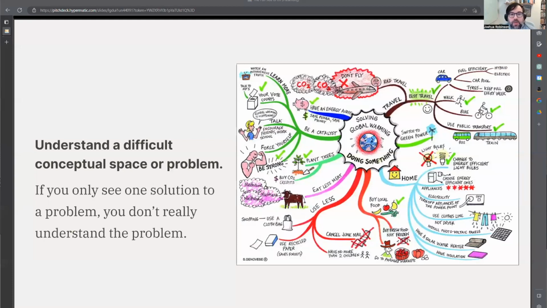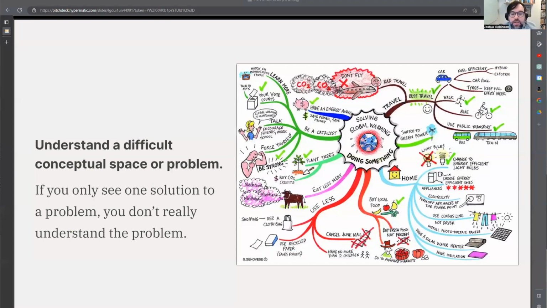Fun can also be used to understand a difficult space, problem space, or conceptual space. Now, I probably could have had fun by drawing or designing a concept map of fun, right? I found someone's example online of global warming, right?